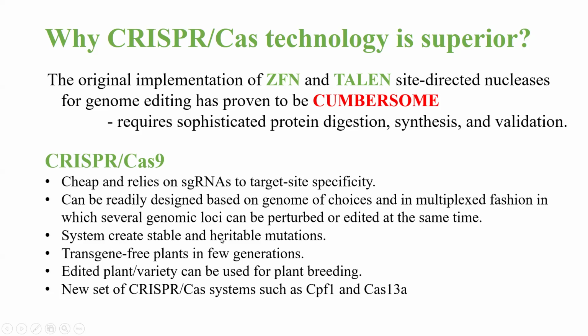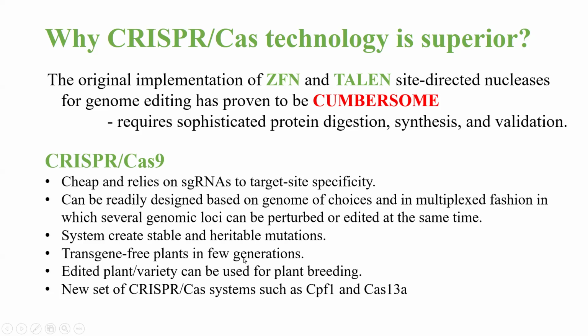The system creates stable and heritable mutation. This is very interesting. When a CRISPR-Cas system is used to edit the DNA of an organism, it is stable and heritable, not like the hybrid. So in case of a plant, if you edit a plant and offer the seed to the farmers, they can multiply year after year as it is heritable and stable.